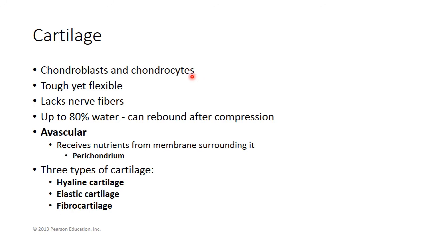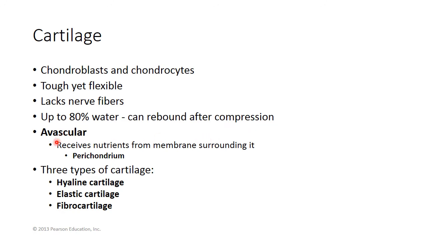It's made up of chondroblasts and chondrocytes. It's very tough, it's flexible, and it doesn't have a good nerve connection, so not a lot of nerves in it. It has a lot of water, so it rebounds after compression, like when you're jogging. So you have fibrocartilage within the knee, but you also have articular cartilage within your knee. Think of it as kind of like a rubber sponge, you might say.